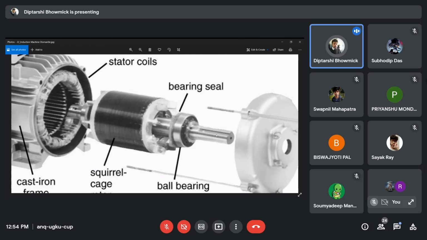The shaft key is given because if you want to couple two or more machines with each other, then the shaft key plays the key role, because you can lock the two shafts of the machines with the help of this key.